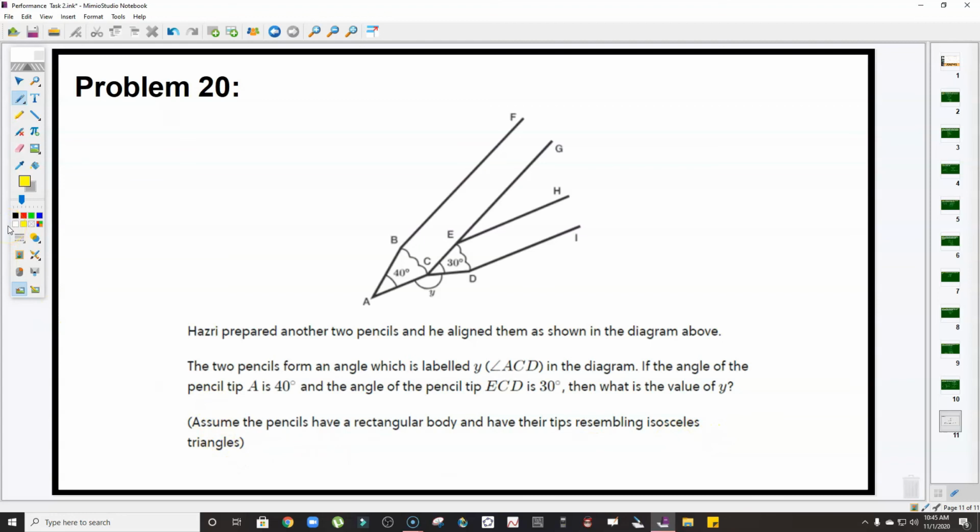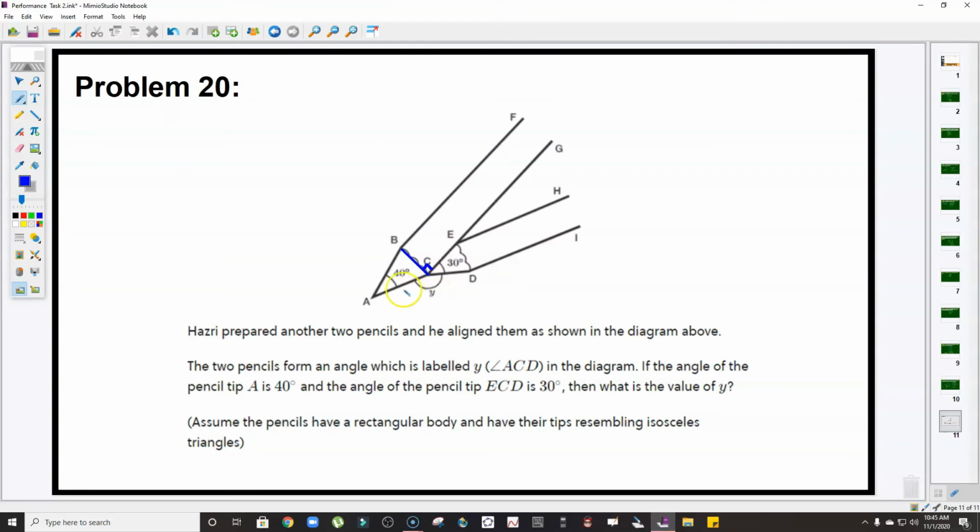Now, how are we going to solve this? Let's have this one. Note that we learned in our lesson, any 2 points determine a line, right? Any 2 points determine a line. So, since pencil to, yung B and C, I can connect them, right? And that is perpendicular. Agree? That's perpendicular.